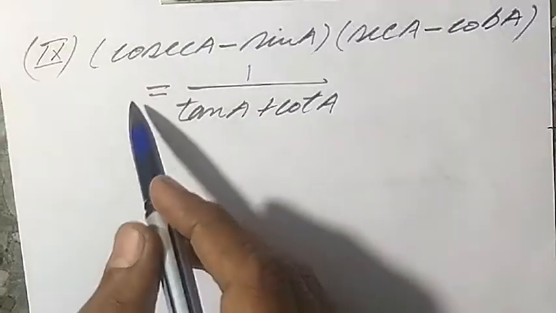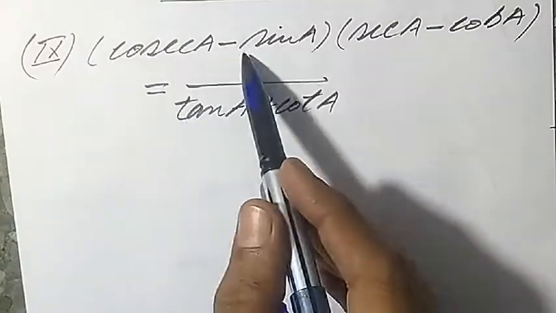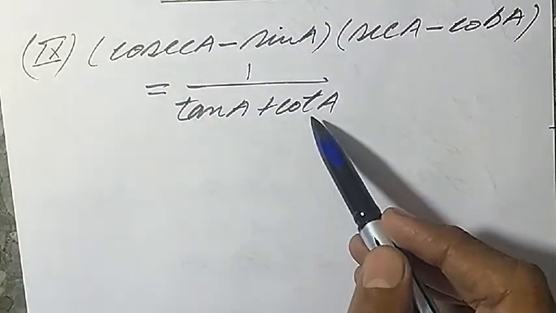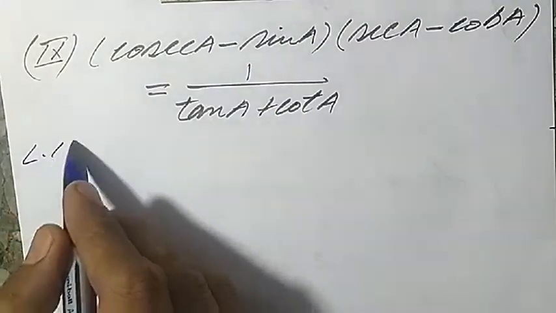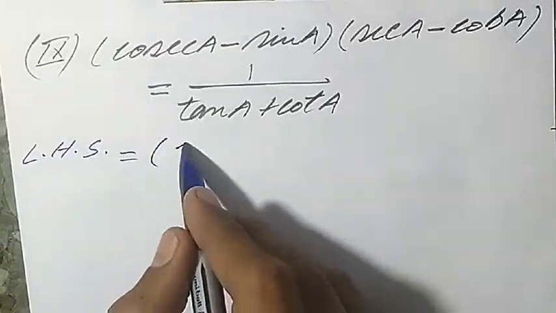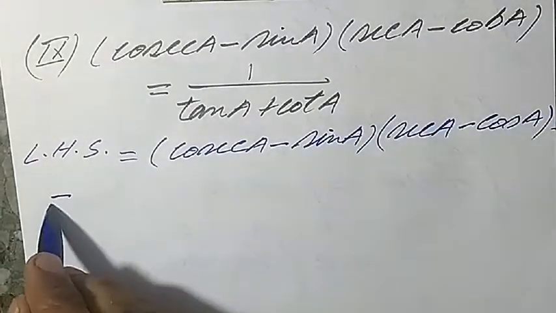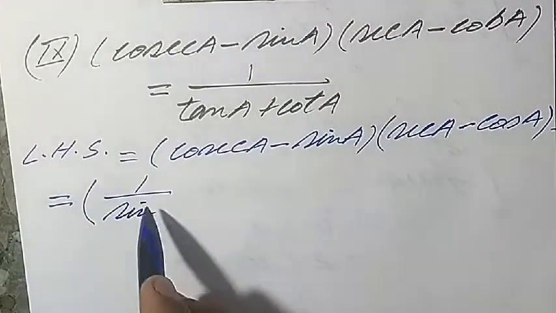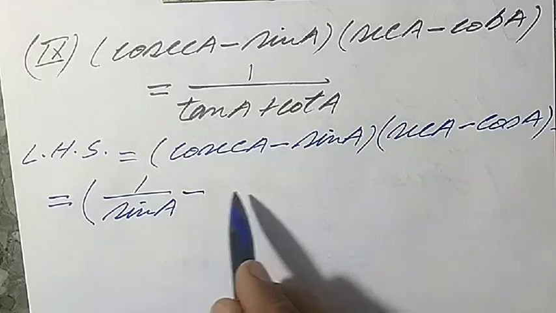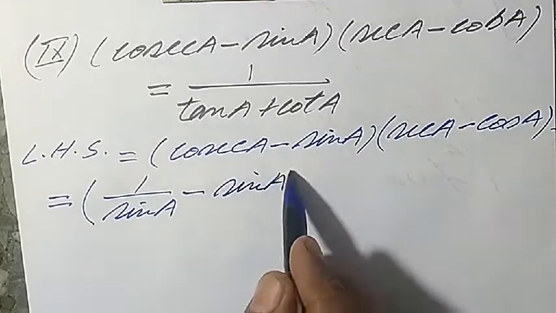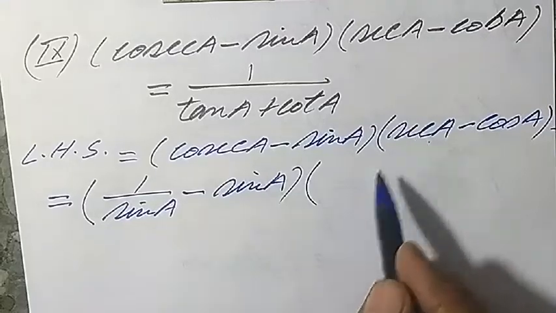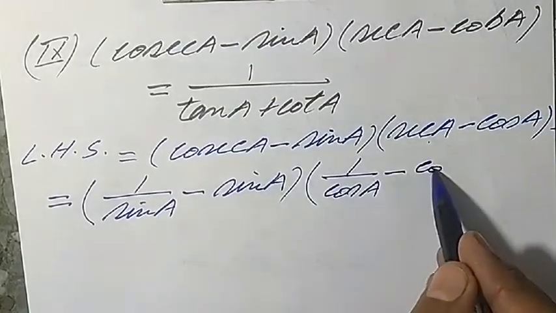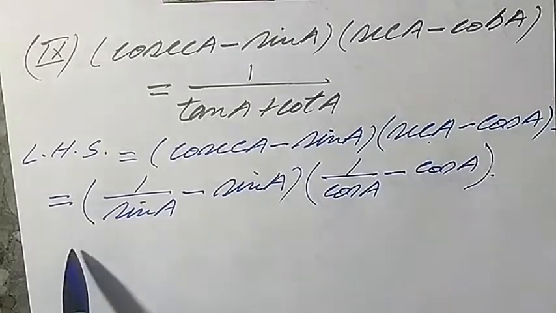Then the next sum is prove that cosec A minus sine A into sec A minus cos A is equal to 1 upon tan A plus cot A. So let us start with the left hand side. Now we may write cosec A as 1 upon sine A and minus sine A as it is, and here in the second bracket sec A may be written as 1 upon cos A and minus cos A as it is.